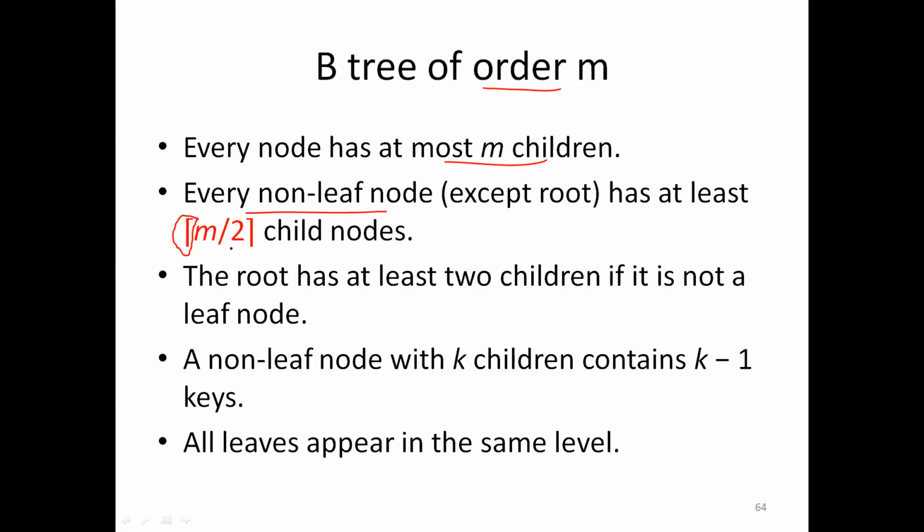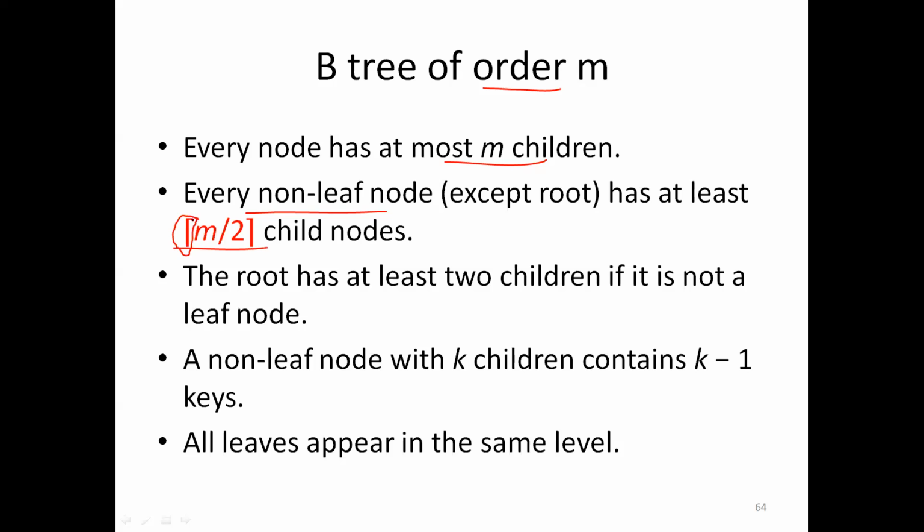If I take order 9, a B tree of order 9, then 9 by 2 is 4.5, and when I apply the ceiling operator to 4.5 it becomes 5. So for a tree of order 9, or degree 9, I can have at least 5 child nodes. That is the meaning of this.